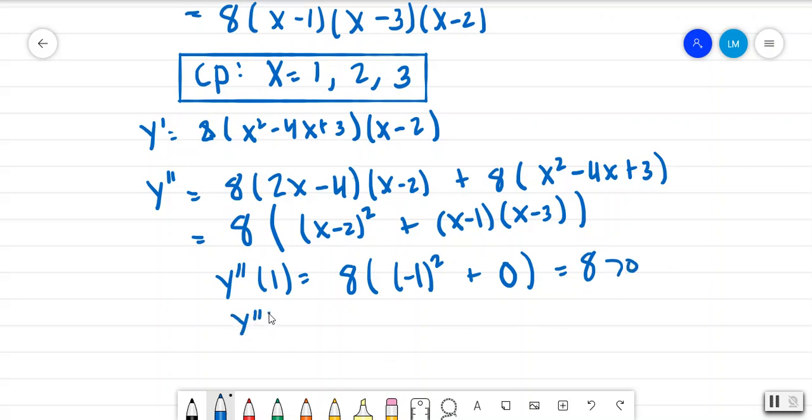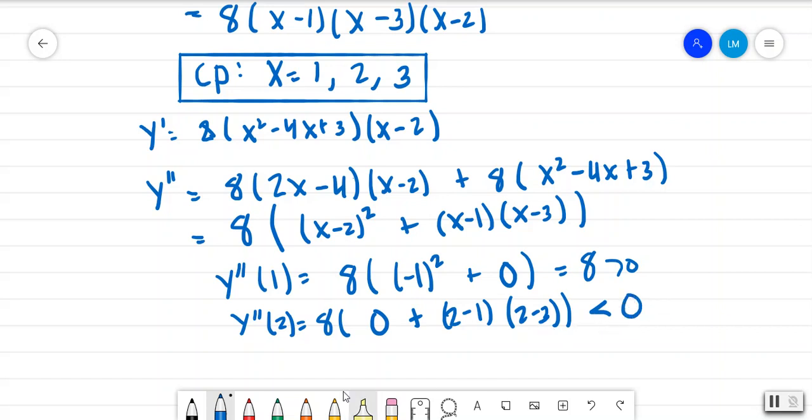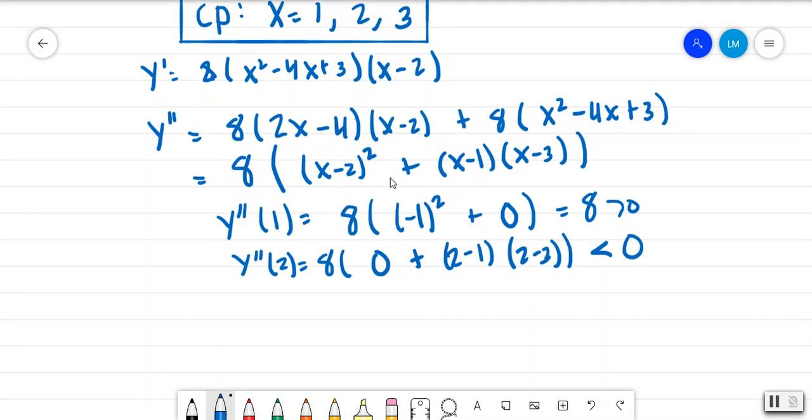Furthermore, we can try the 2. So 2 gives me 8 multiplied by 0 plus (2 minus 1) multiplied by (2 minus 3). I can already tell that this is going to be negative because of the 2 minus 3. Now the 3, let's see. The 3 is going to cancel out, and that's also going to be positive.